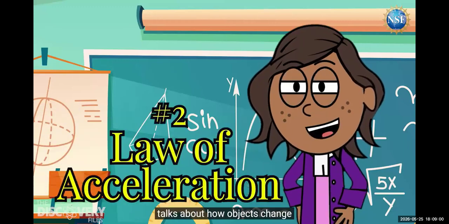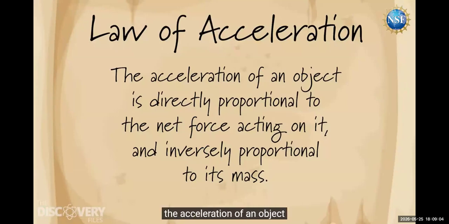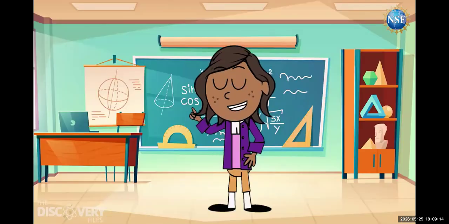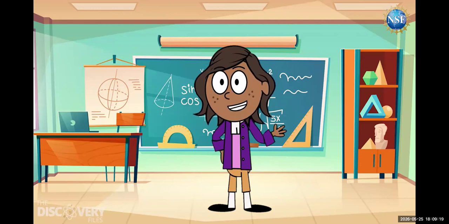Newton's second law talks about how objects change when a force acts on it. This law says the acceleration of an object is directly proportional to the net force acting on it and inversely proportional to its mass. Sounds pretty confusing, doesn't it? That just means the acceleration of an object, how quickly it starts moving or changes speed, depends on two things.